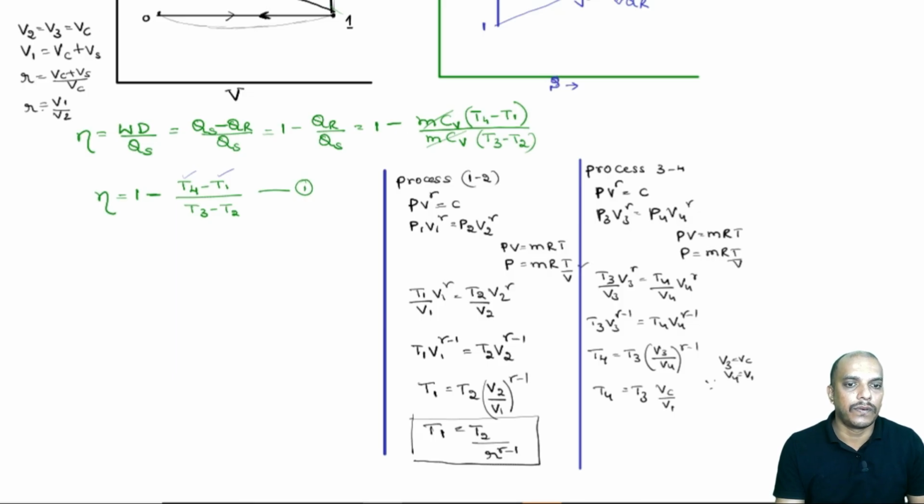So V3 by V4 is nothing but V2 by V1. V1 by V2 is r, whereas V2 by V1 is 1 by r. So T4 is equal to T3 into 1 by r, power gamma minus 1. So T4 also we have written in terms of T3.